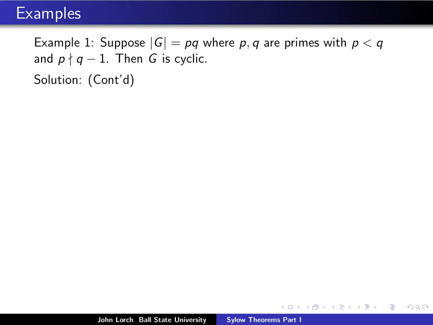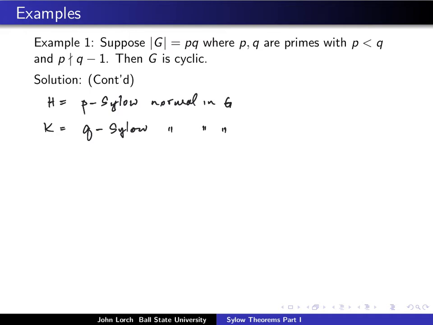So what we've determined thus far is that we have a single P Sylow subgroup H, and it's normal in G. And we have a single Q Sylow subgroup K that is also normal in G.